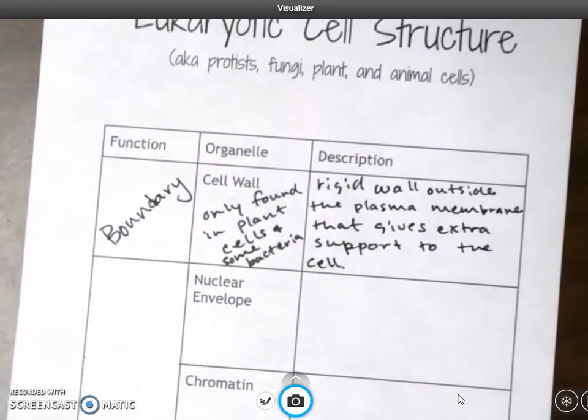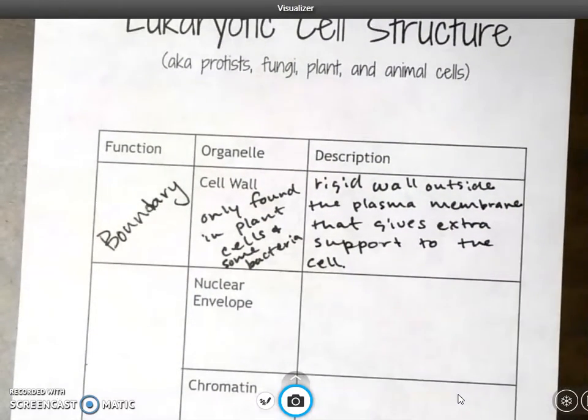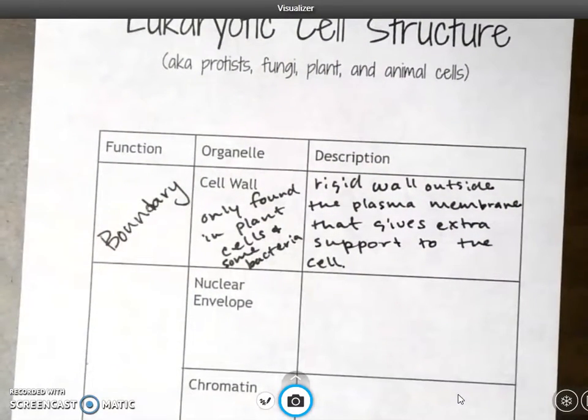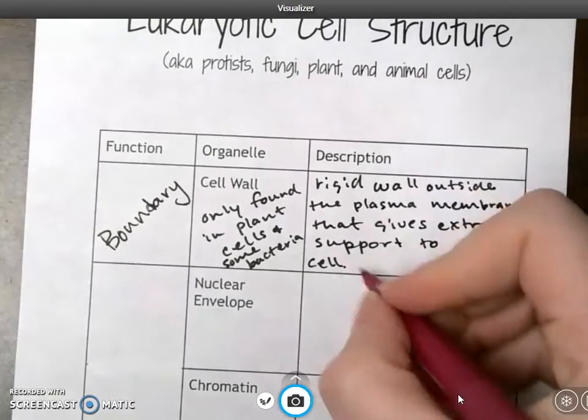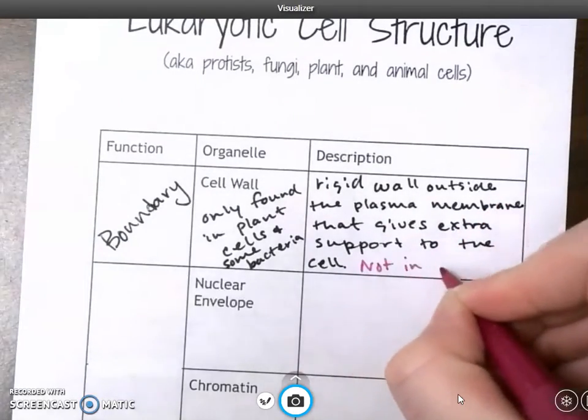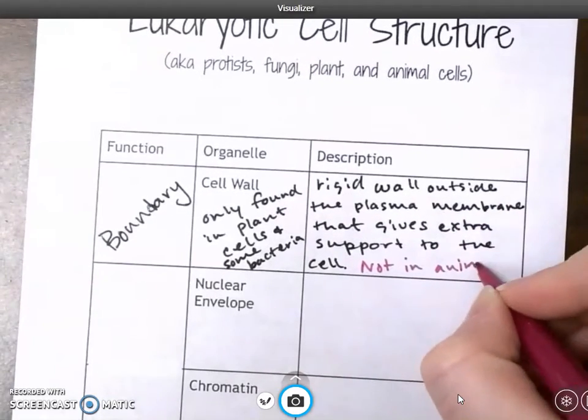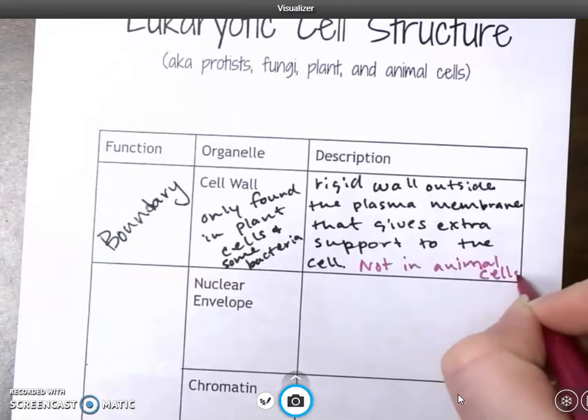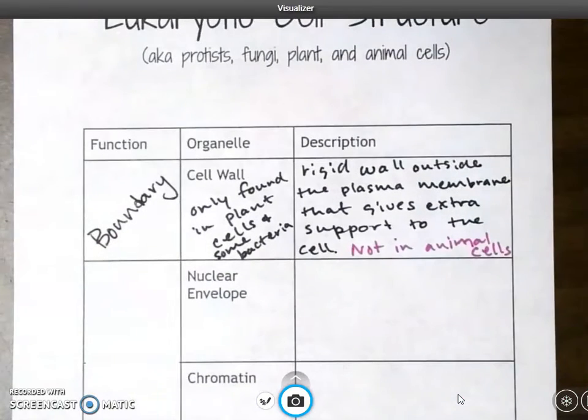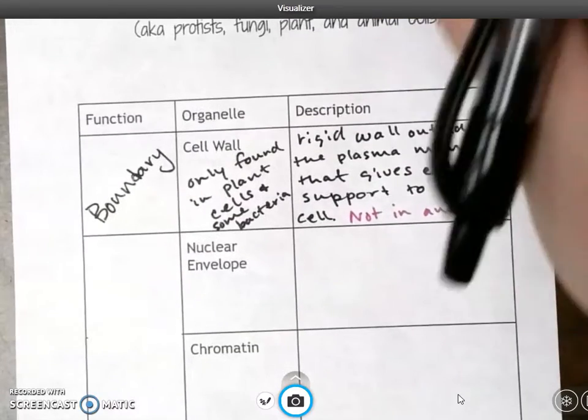All right, and remember, it is not found in animal cells. I'm going to write that in a different color so it stands out a little bit more for you. Not in animal cells. Okay, not found in them. You're not going to find a plant cell or an animal cell with a cell wall.